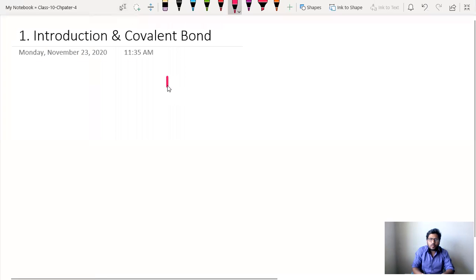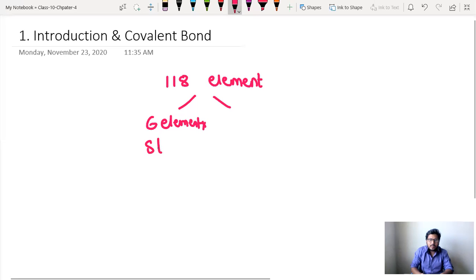We have 118 elements, and we know out of these 118 elements, 6 elements are stable, and 6 elements, sorry, not 6, nearly 112 elements are unstable.